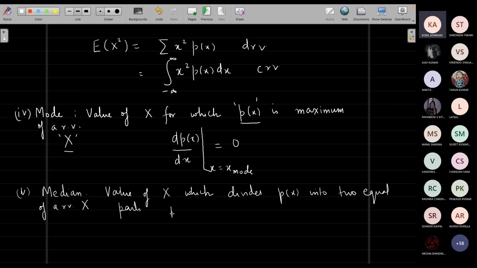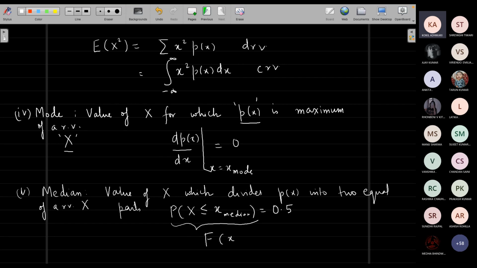Something like this. So the probability of x less than or equal to x median is exactly half. The median is that value for which this probability is 0.5. Now, how do we define this? We have already defined the probability that capital X is less than or equal to a random variable value as the cumulative distribution function, the cumulative distribution till there.